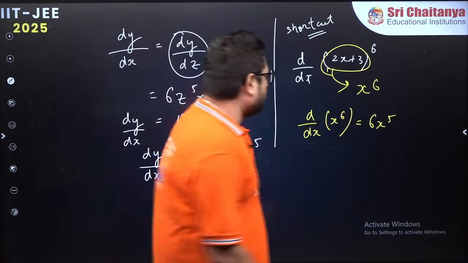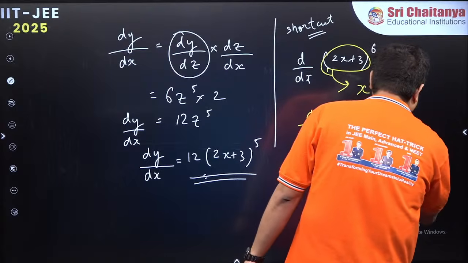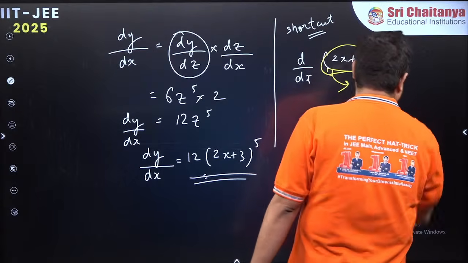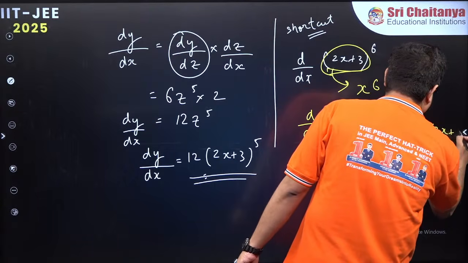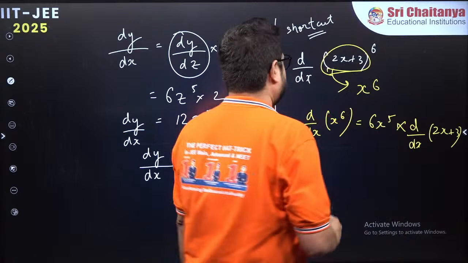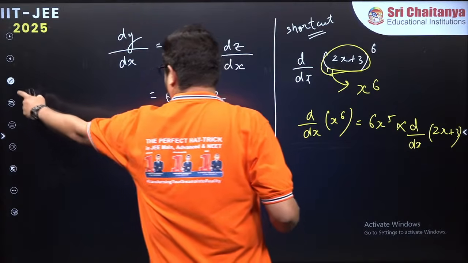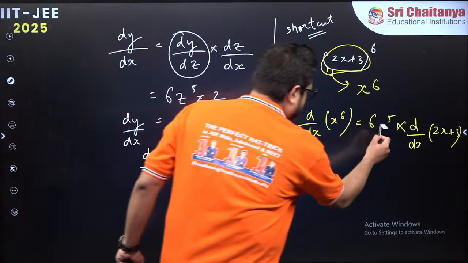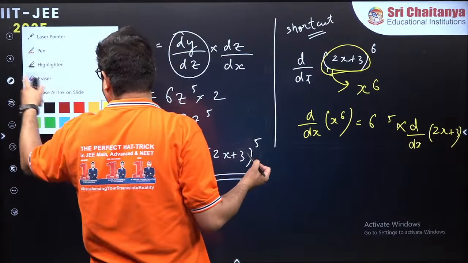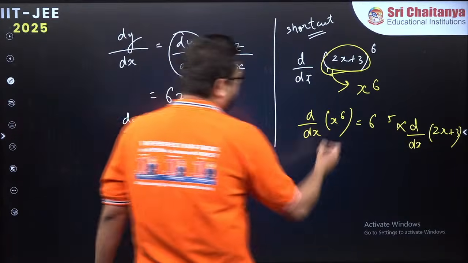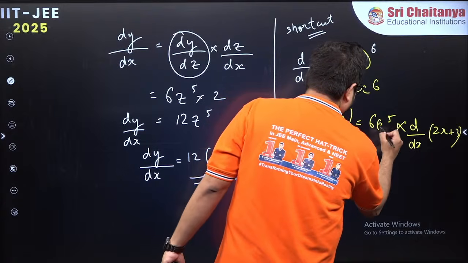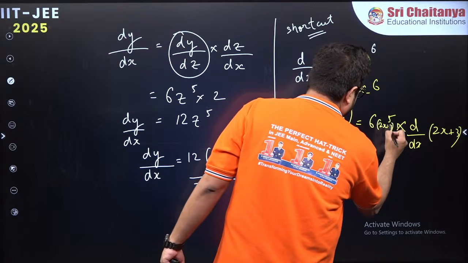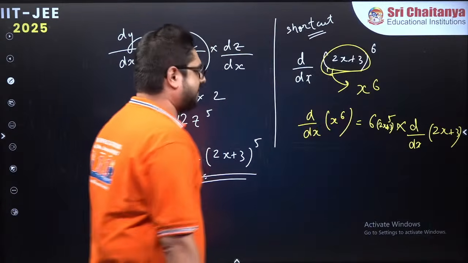You need to multiply once again with this term, which is 2x plus 3. It's an obvious thing, this is not x, by the way. The one which I got as x to the power 5 is also not x at all. What it would have been is nothing but 2x plus 3, you just re-put the value, so (2x plus 3) whole to the power 5.